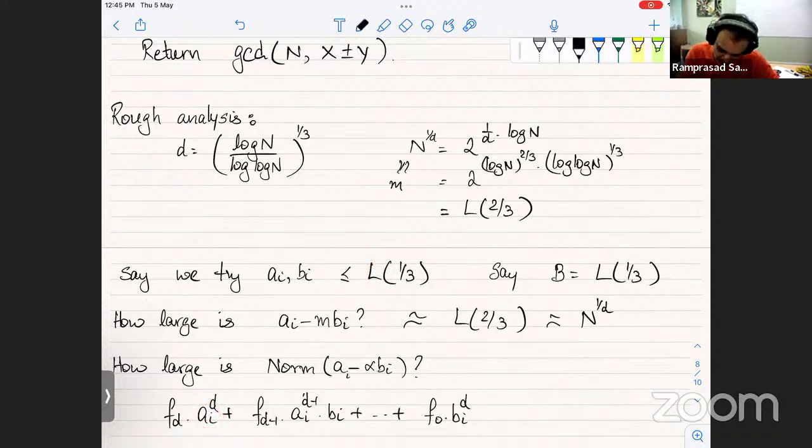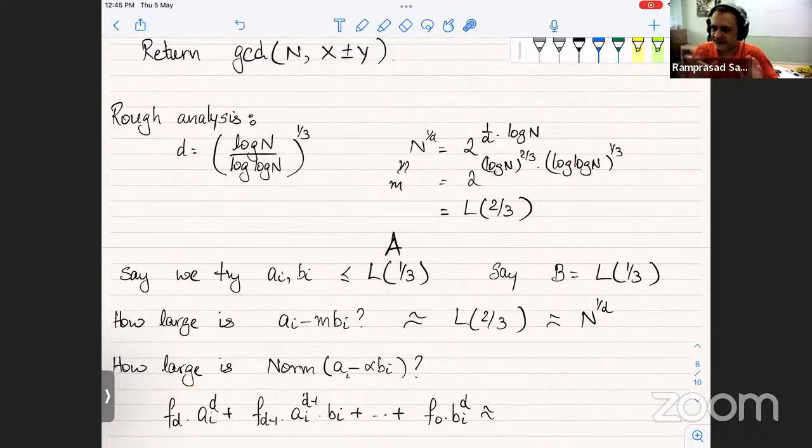So you will basically end up with something that looks like exponential in, or rather, let's give this a name. Let's call this capital A, and this is anyway capital B. Roughly speaking, the size of this number looks like something like A power D. Is that okay so far?